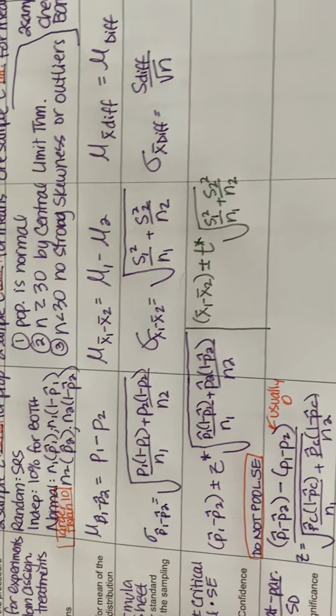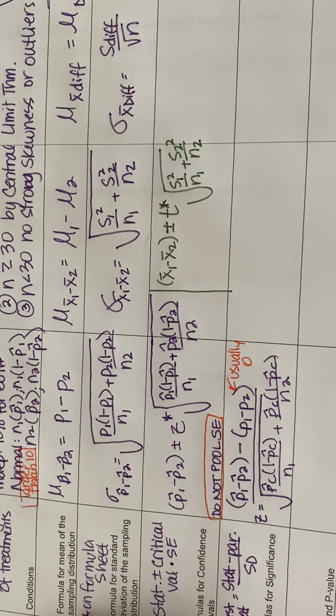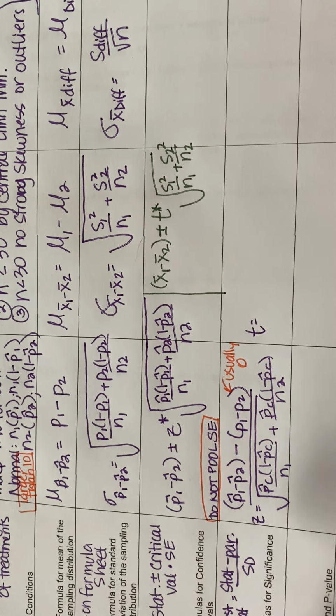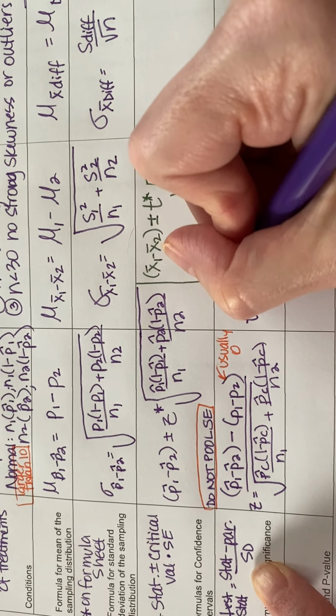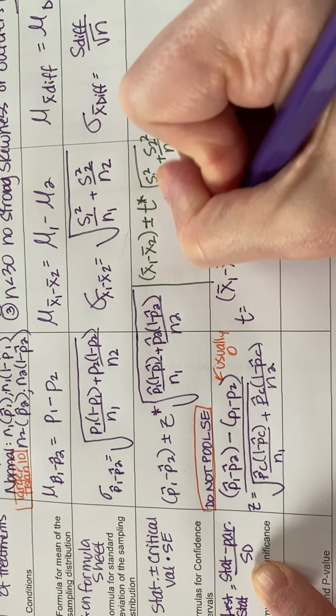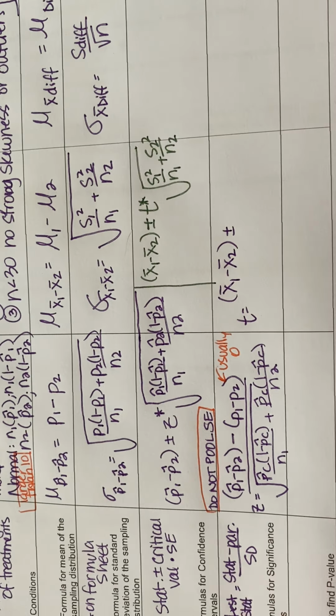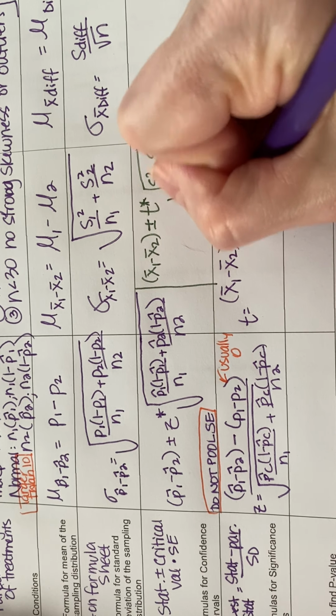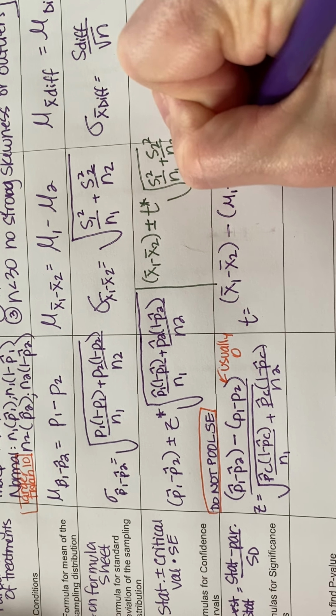And then your test statistic for means is t. And again, it's going to be your statistic, which is x bar 1 minus x bar 2, minus the parameter, so mu1 minus mu2.